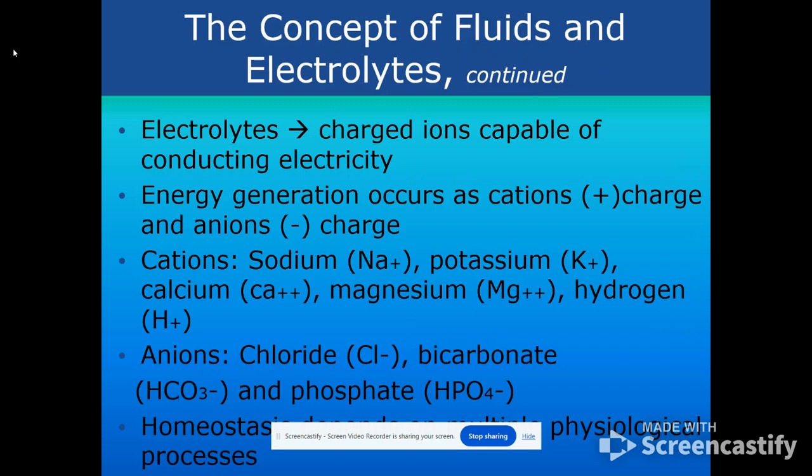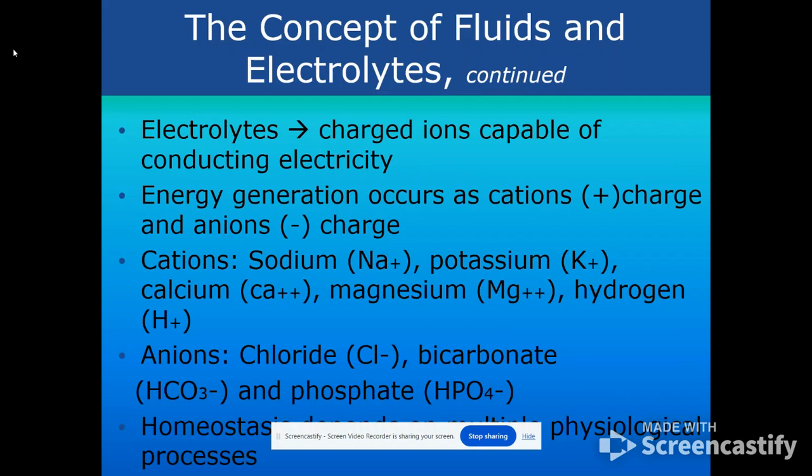The energy generation occurs as the cations, the ions with a net positive charge, and the anions, the ions with a net negative charge, combine and then split. Because of this massive energy charge, energy is created for your organs to appropriately function. This is also where cardiac and skeletal muscle contractions occur.